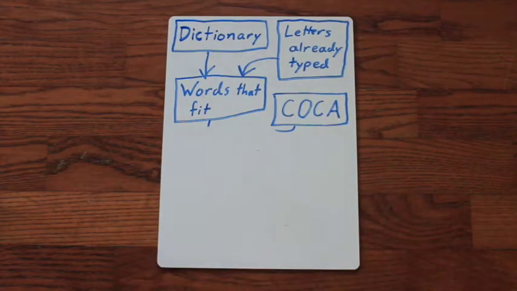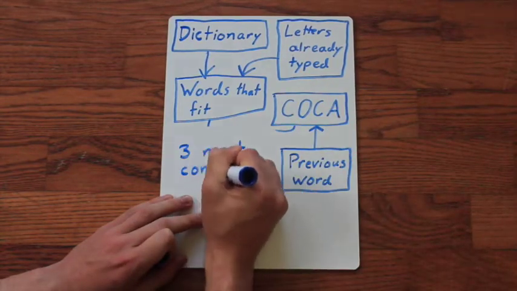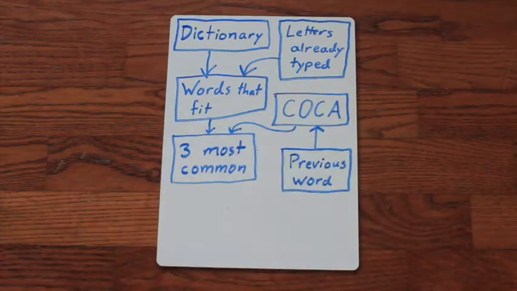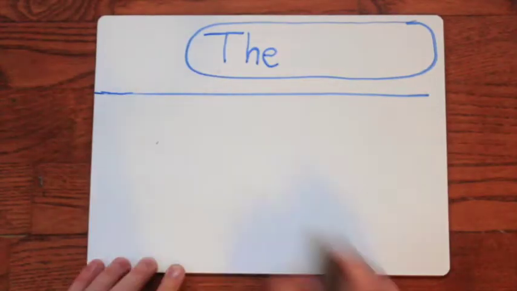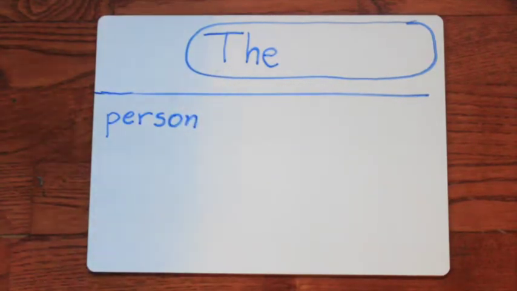We need to look at the context of the words around it. If we look at which word came right before it, and then give that to COCA and ask which word is most likely to come next, this is going to improve our program a lot, because instead of writing the, it's going to suggest the person, which is much more likely for someone to write.